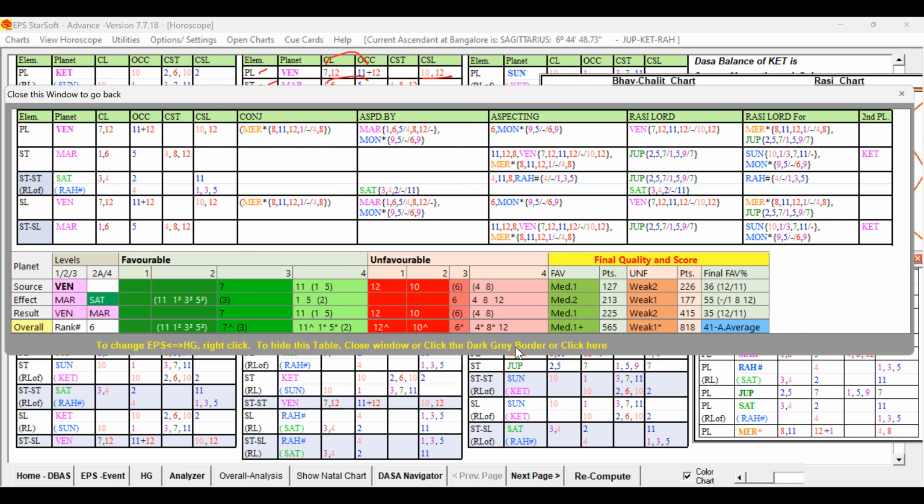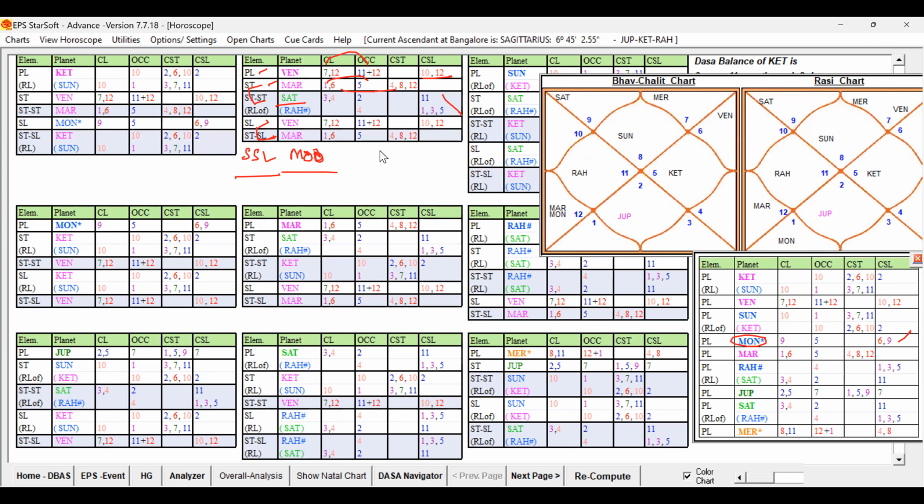So, it means what? That second level planet Mars, which is having some weakness, definitely, that is getting the support of the key planet Jupiter and also Sun. So that way the support planet having favorable key planet is supporting to these 1 and 5 significations. Mars favorable strength is increased.